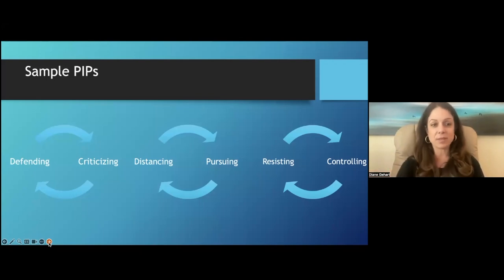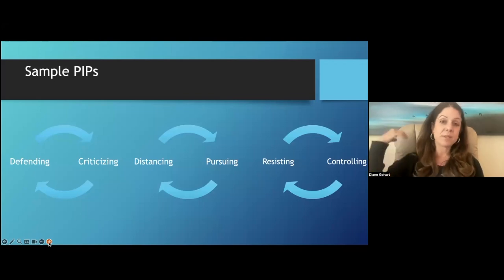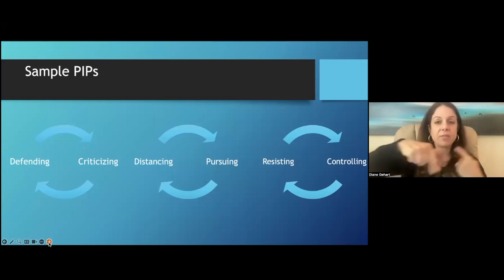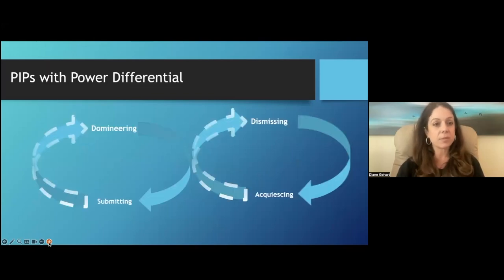Both families and couples have lots of defending, criticizing interaction patterns. It's like the fundamental type of dynamic going on. The topic can change, but oftentimes there's the one critical party and the other person is defending. The criticizing, defending, you'll often see that flip back and forth in a couple or a family, but particularly couples.